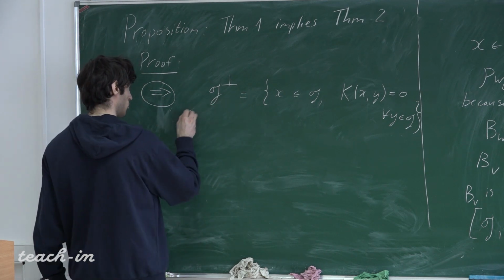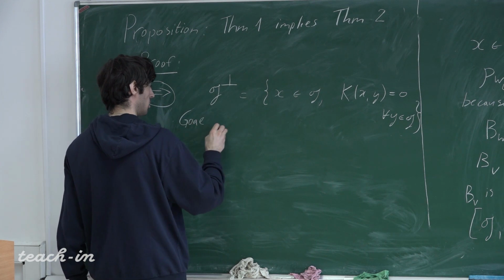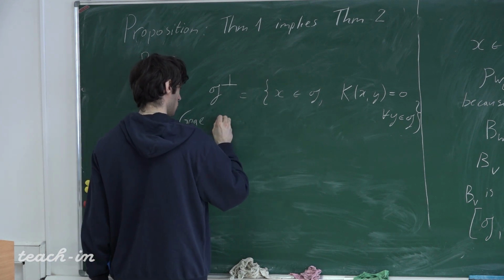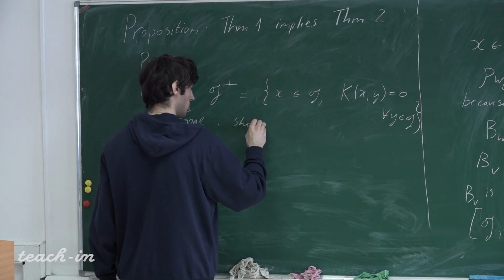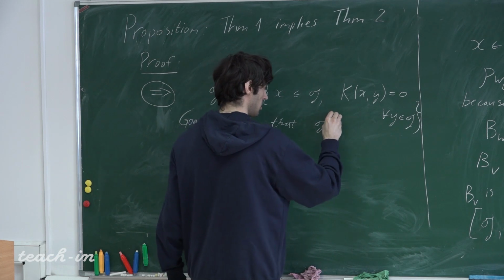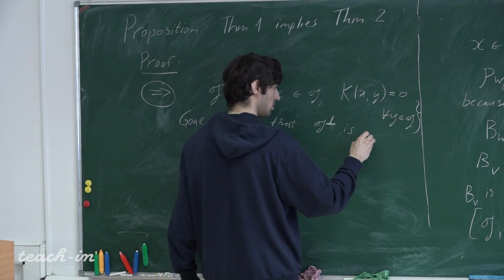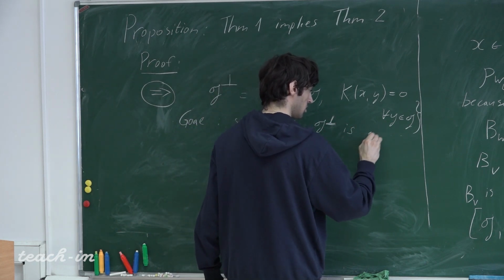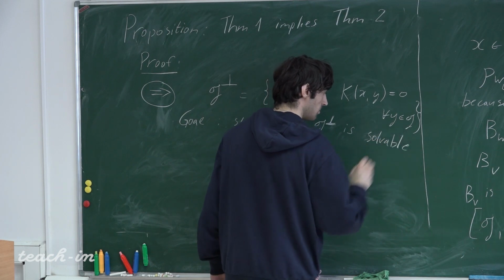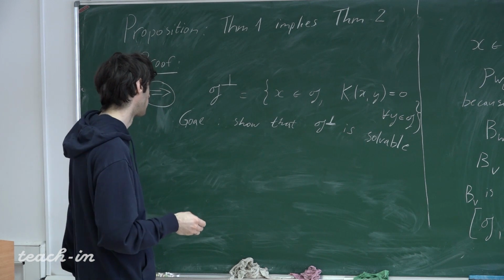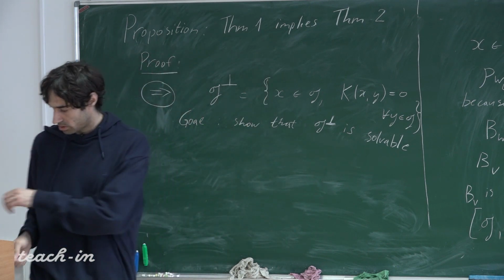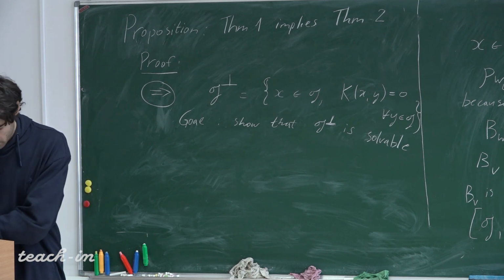So the goal is to show that G orthogonal is solvable. Okay, so how do we do this?